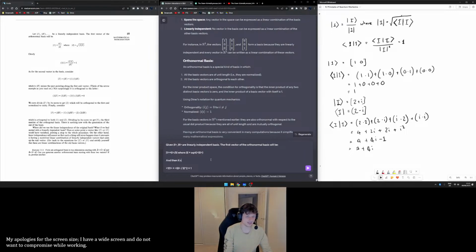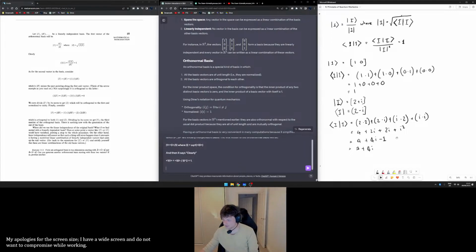And then it says clearly, well, we actually know the answer then, so it's going to be the square root of it. So the square root of I is going to be I is equal to the square root of 3 plus 4I.